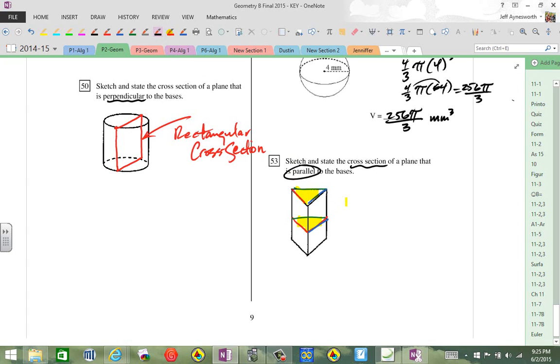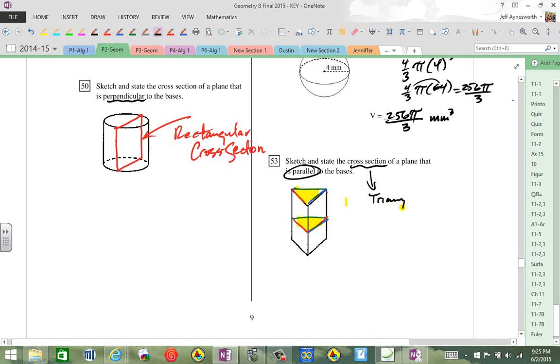So the cross section in this case is a triangle. So it's a triangular cross section. And the only reason why I know it's a triangle is because when it's parallel to the base, it's congruent to the base. Congruent to either the top or bottom base. I say top base just because you can see it. The bottom base is down here at the bottom. Okay? All right, that's it.